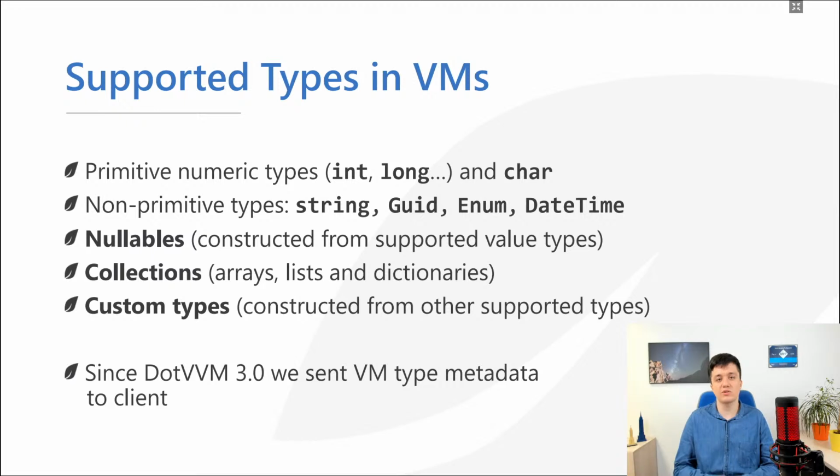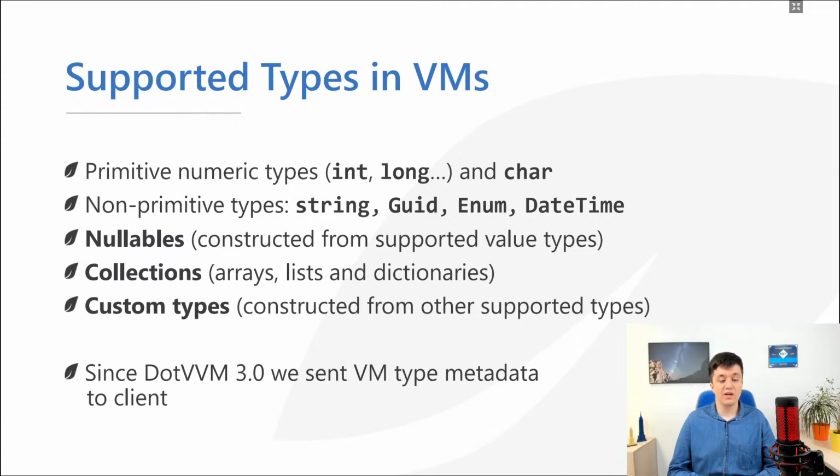So what can you actually write into view models and have it serialized correctly? You can work with pretty much almost every numeric type, so ints, longs, and decimals, and whatever you can think about.